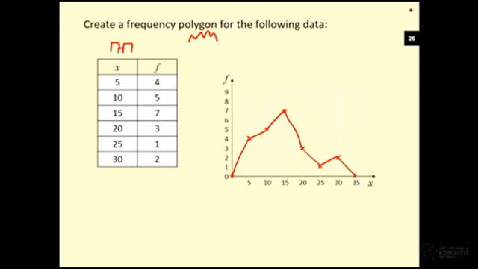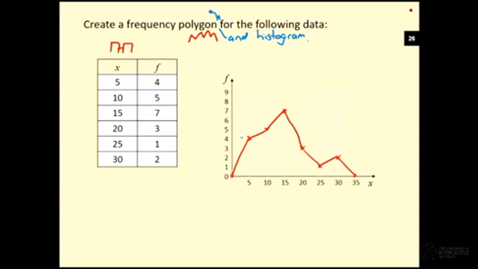Pre-provided grid, labelled axes, and more often than not, we might say, draw a frequency polygon and histogram on the same graph. Well, if that happens, that's fine. So if someone asks for frequency polygon and histogram, I'm not going to bother drawing on two separate ones.